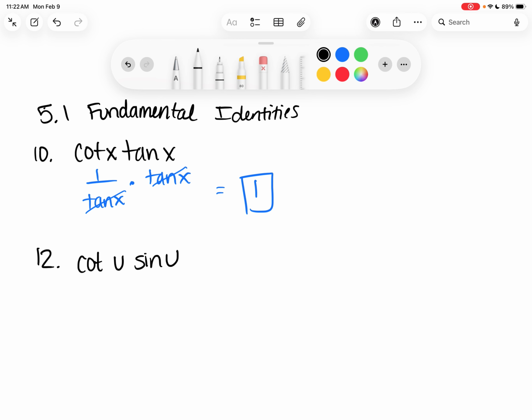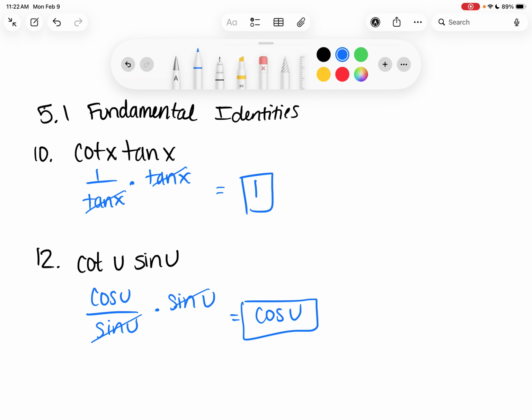I want to see if I can rewrite cotangent. Well, I know that cotangent can be rewritten as cosine over sine. So I have the cosine of u over the sine of u times the sine of u. So then sines cancel, and I'm left with cosine of u.